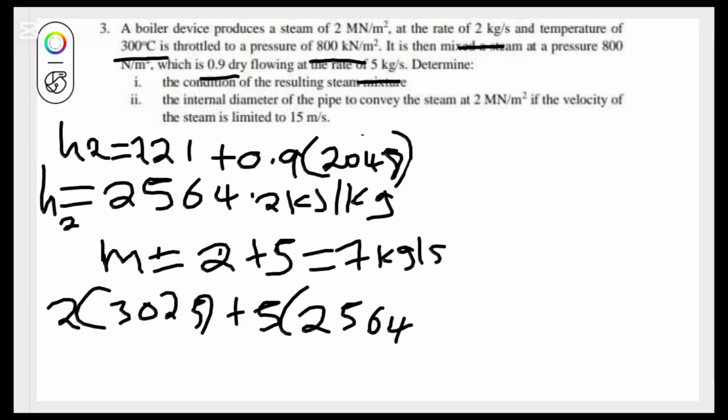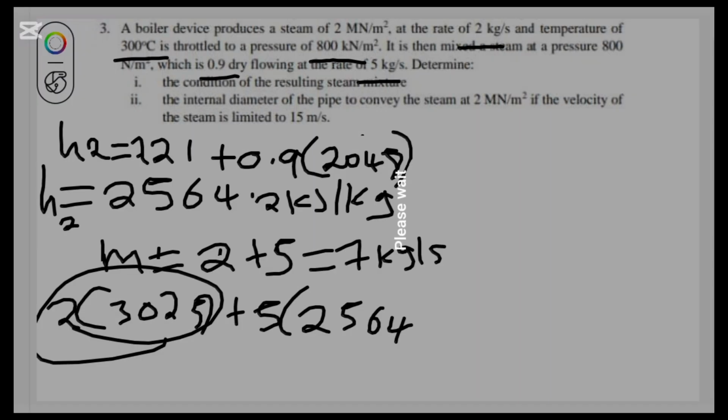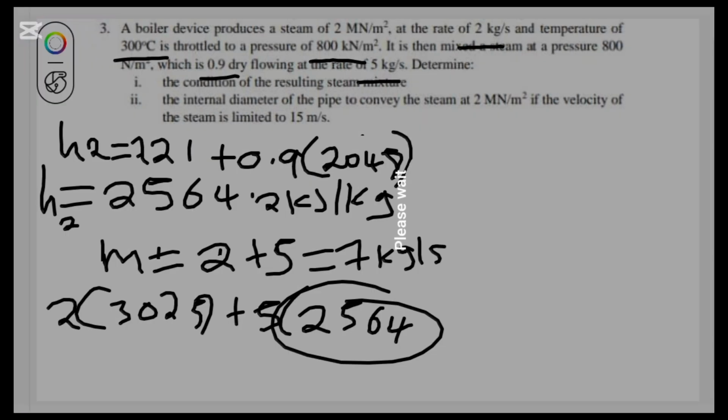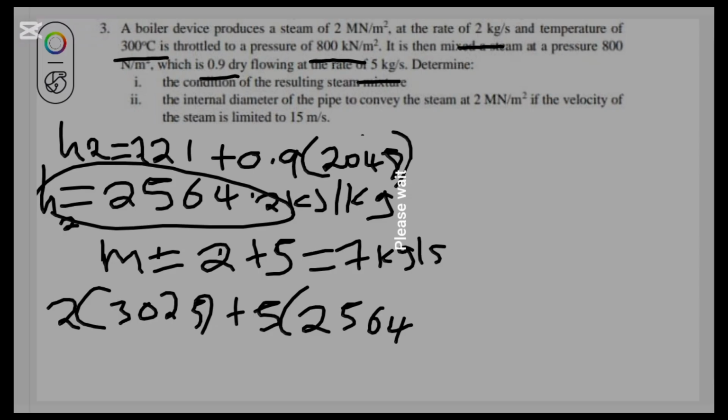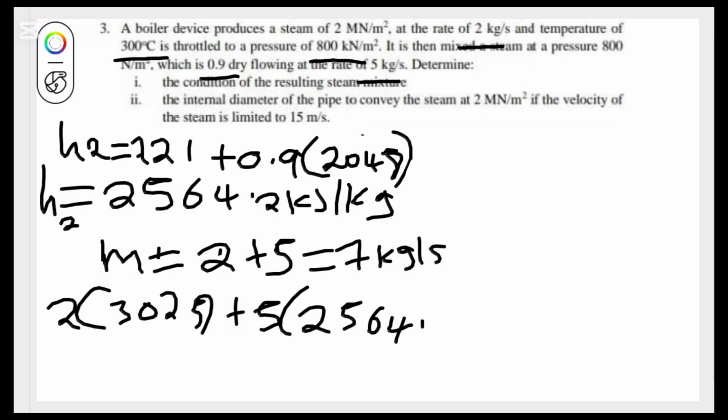This is the enthalpy. But as you can see from the last, the enthalpy that we find is H1. Sorry, it is not h_fg, it is H1, whereby I use the superheated steam table, whereby I find 20 bar at 300 degrees, which is the superheated, and then I find this as my H1. And this is my H2 here that I find.